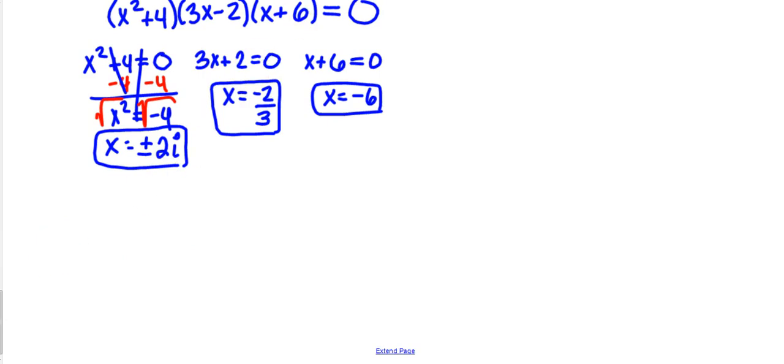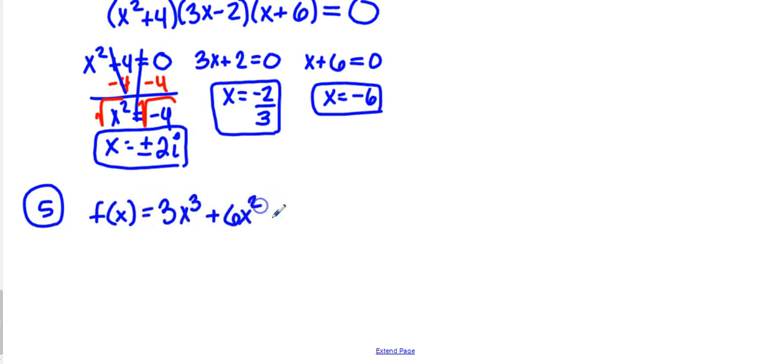That was number 4. Here's number 5. Number 5 says f of x equals 3x cubed plus 6x squared minus 23x plus 4, given x plus 4 is a factor.